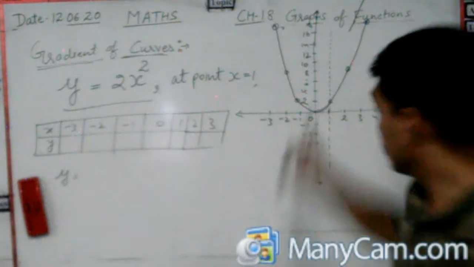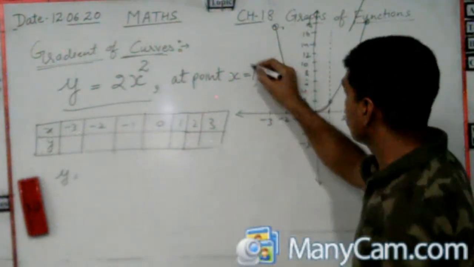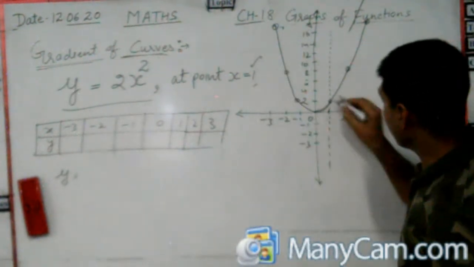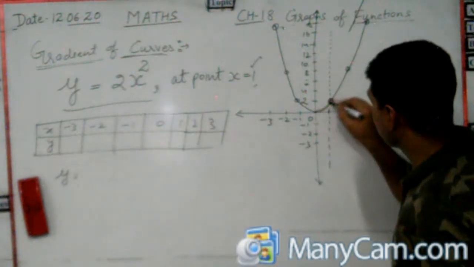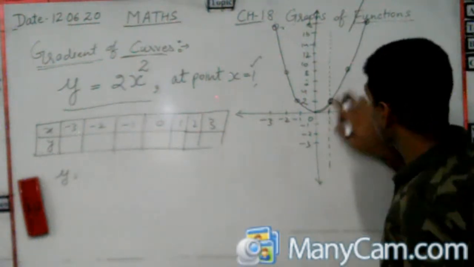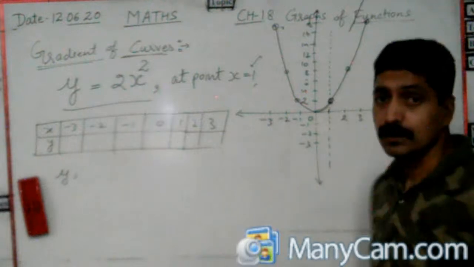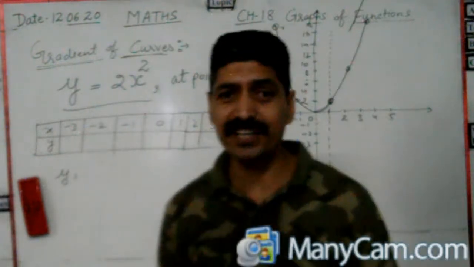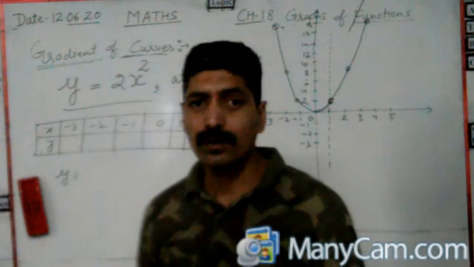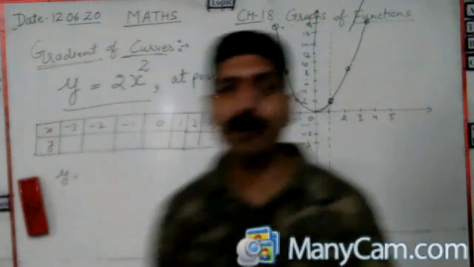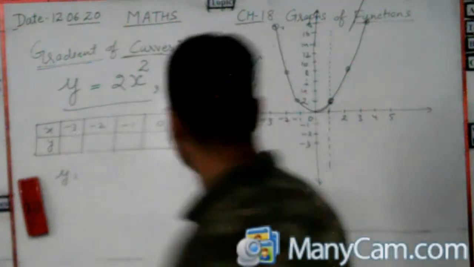So this is x is equal to 1. At this point we want to draw one tangent, so we will draw one tangent here with the help of a scale.